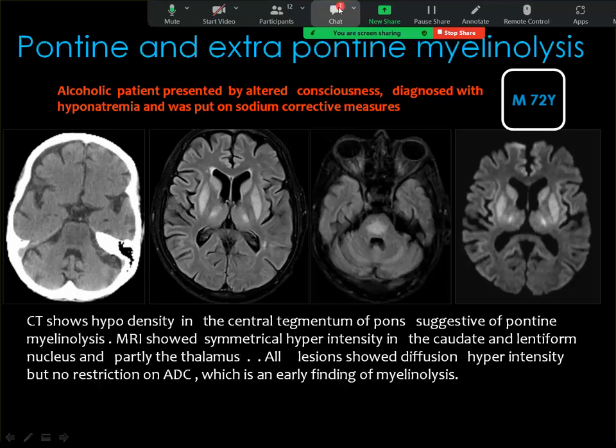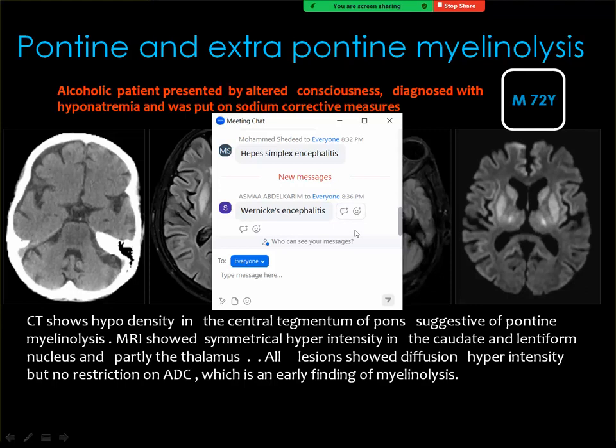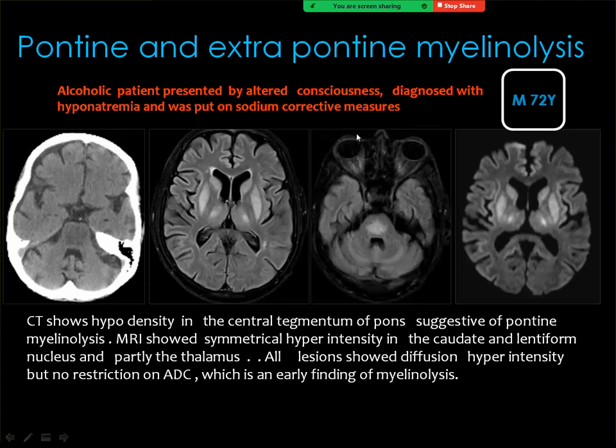Okay, and I don't know why these answers can appear before I click, but no, this is not Wernicke encephalopathy, because Wernicke encephalopathy is the characteristic appearance in the area paramidline around the third ventricle, and the history here is very pathognomonic, where he got hyponatremia and corrective measures.